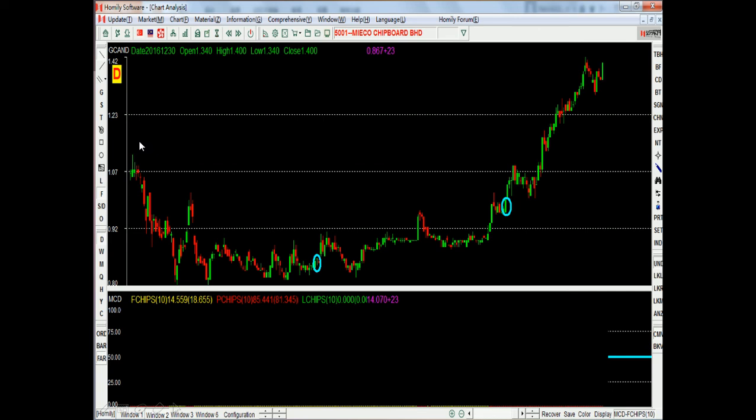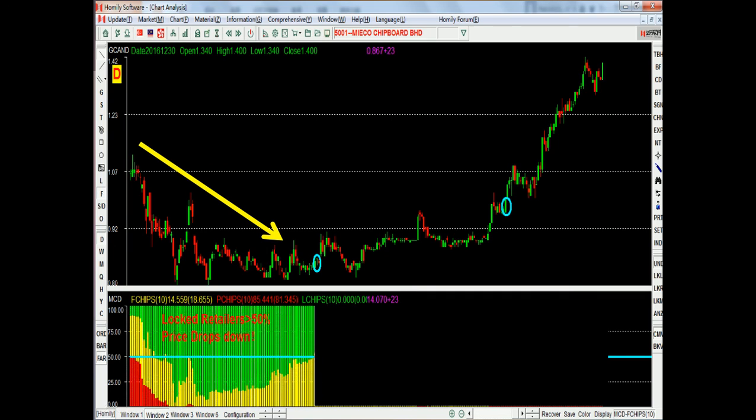You can see the price drops down, right? As this area drops down and then goes sideways. So what happened? You can see the locked retailers is more than 50%, right? So the price drops down because here no one controls the price, and the banker is less and less.